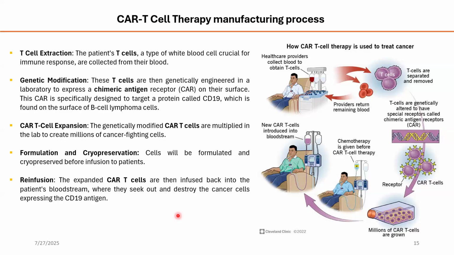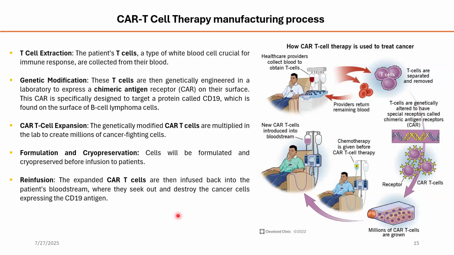In the case of stem cells, they give some drugs so that more stem cells are produced. But in the case of CAR T cells, you need only lymphocytes, only T cells, so you cannot do anything about that.